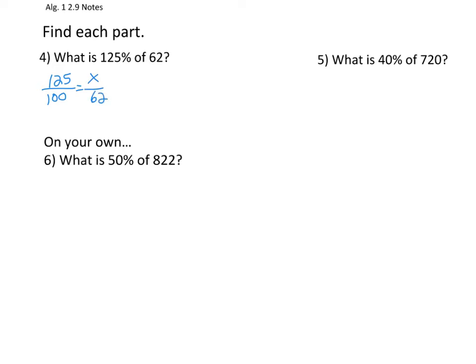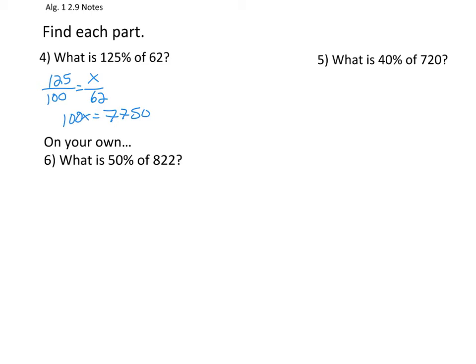Again, we're going to use the cross product property, and I'm going to end up with 100x is equal to 125 times 62. I'm going to plug that one into my calculator because I can't do that in my head. Wish that I could. 7750 is what I'm going to get there.